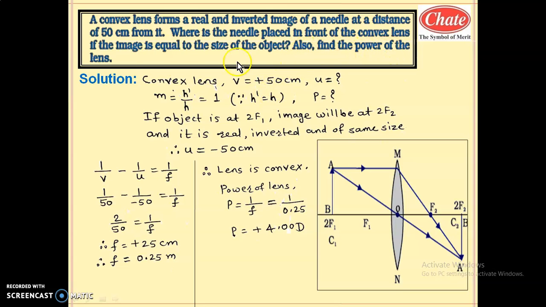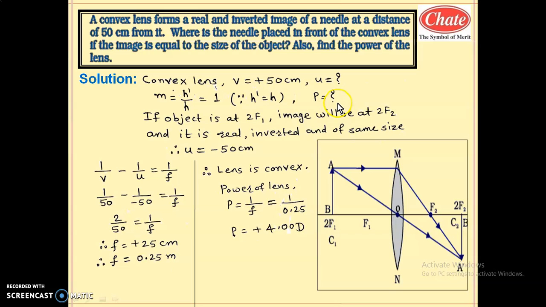Also find the power of the lens. Here the magnification is 1, as h dash by h is 1, because the size of the image is equal to the size of the object, or the height of the image equal to the height of the object. We have to find the position of the object, that is U. So we have already decided U is minus 50 centimeter.